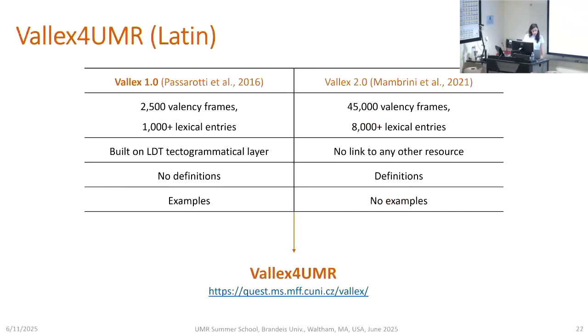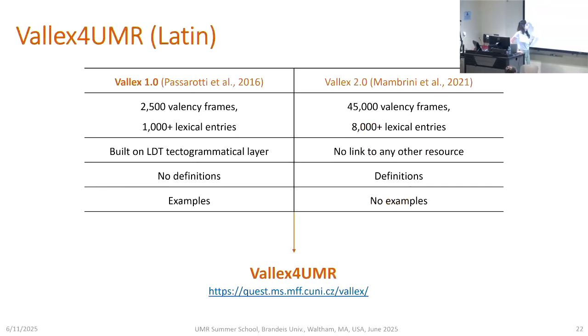The conversion process for Latin also requires some extra work to have predicate argument information. There are two valency lexicons available for Latin, but none of them was ready to be exploited for UMR purposes or for the conversion.